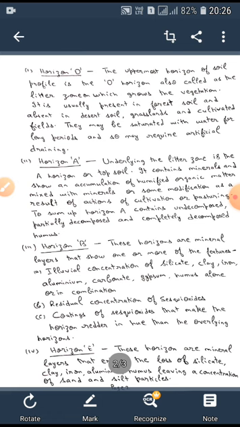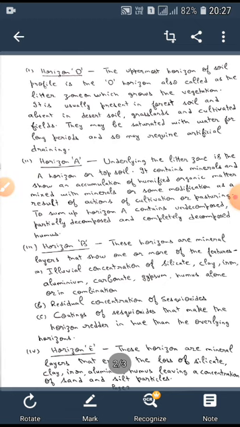The second part of horizon B is composed of residual concentration of sesquioxides. The third part of horizon B contains coatings of sesquioxides that make the horizon redder in hue, that is color, than the overlying horizons.